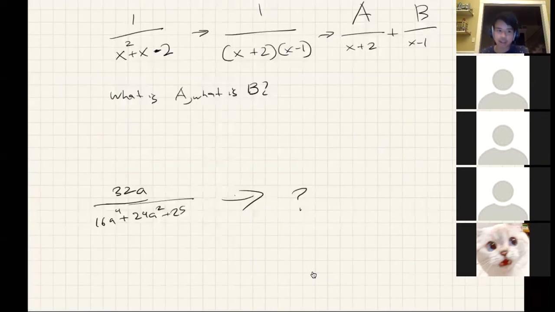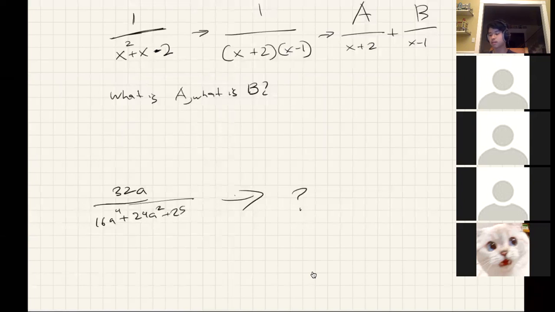So let's take a look at an example of this: 1 over x squared plus x minus 2. The first thing we want to do is express the denominator as the product of two things.